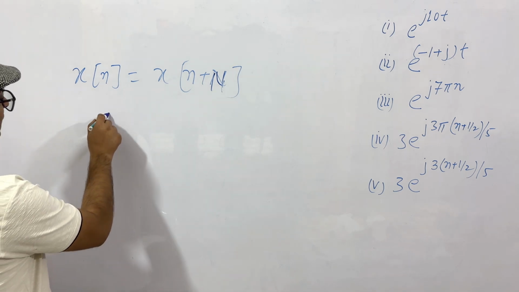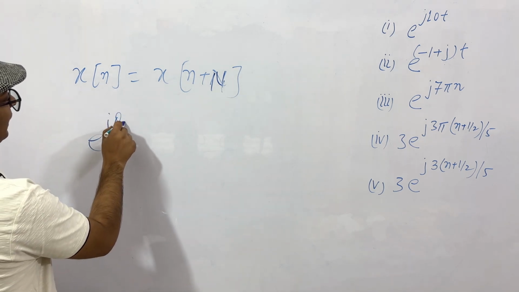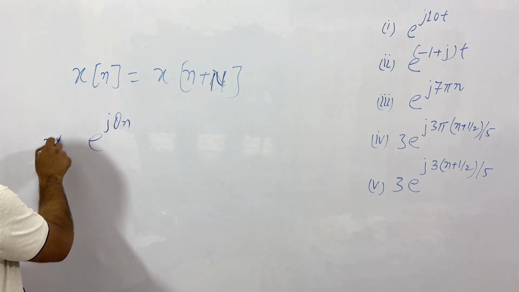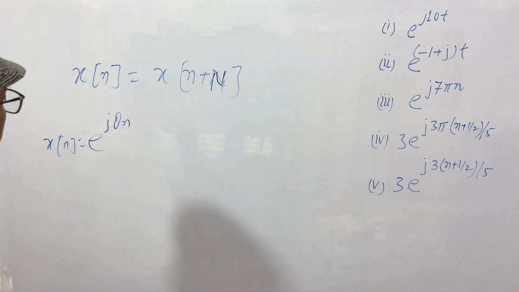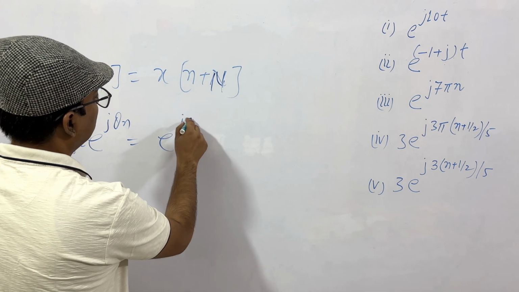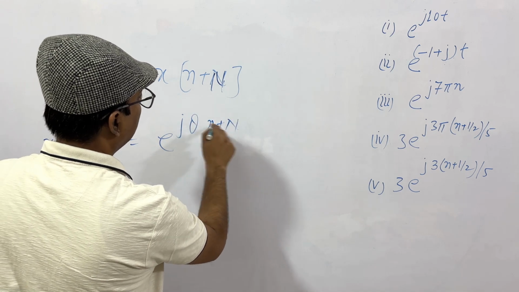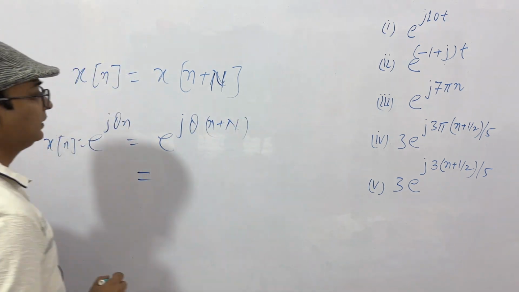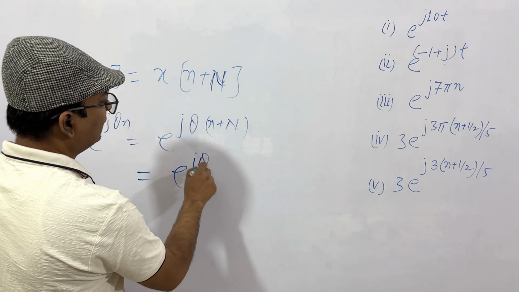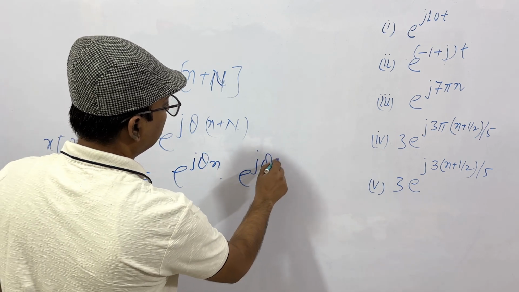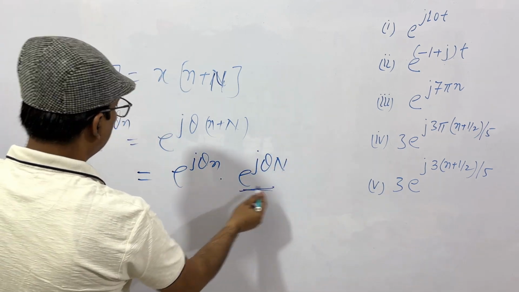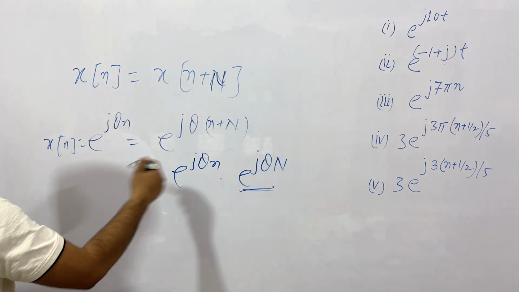And in case you have e to the power j theta n as the signal x[n], then we expand it like this: e to the power j theta (n plus capital N), that is equal to e to the power j theta n into e to the power j theta capital N. Now this has to be equal to 1, then only this equation is possible.